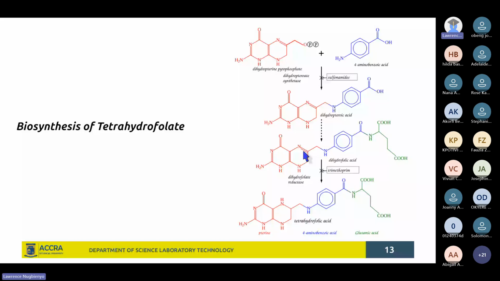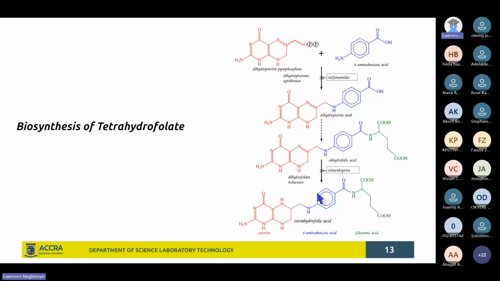But when you come down to tetrahydrofolic acid, you realize that on that nitrogen, there is hydrogen. And a double bond is also removed. And so that's the difference you can quickly see and tell that you have some acceptance of some hydrides to remove that double bond from the molecule.